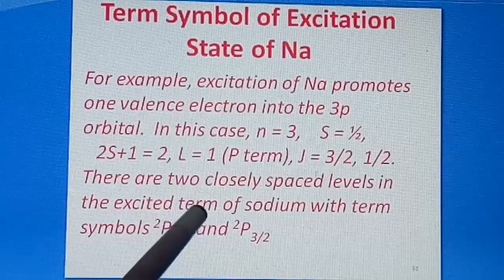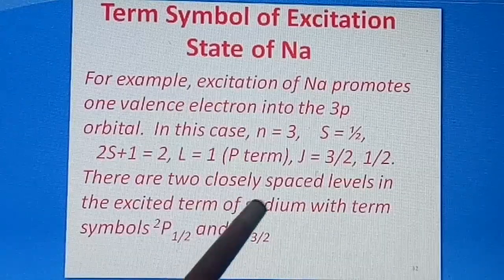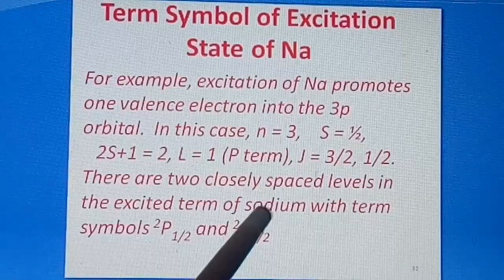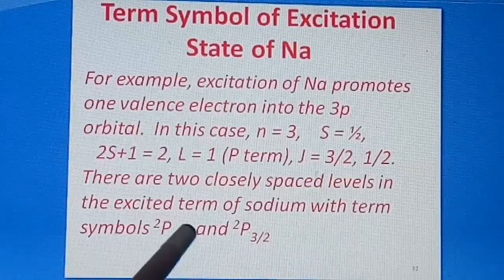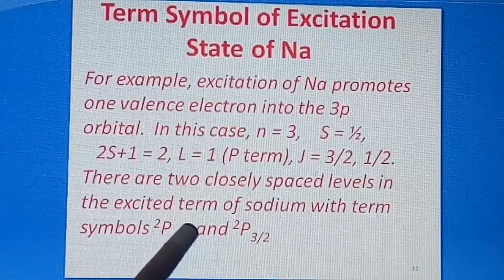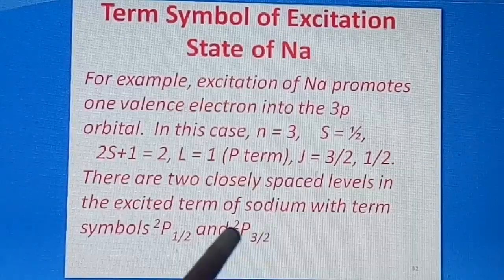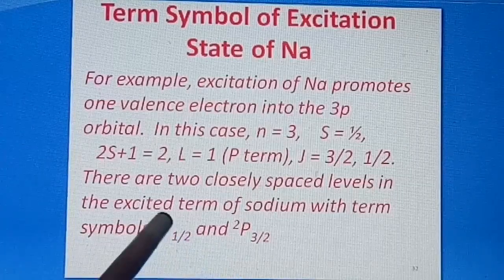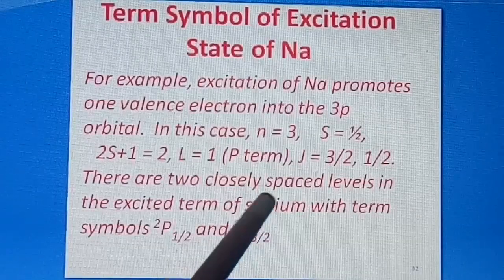So in the excited form of sodium there are two closely spaced levels, with term symbols 2P 1/2 and 2P 3/2.